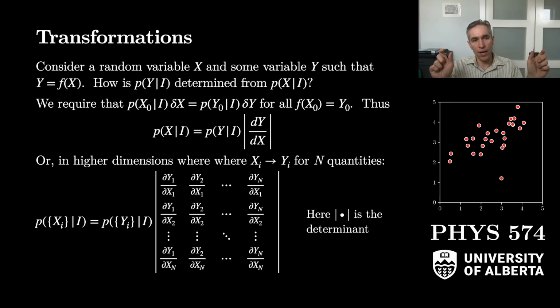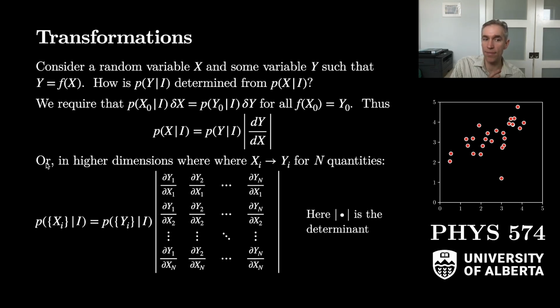And so if we equate those two and do the standard abuse of differential forms that physicists like to do, divide through by delta x and pass into the infinitesimal limit, we get this nice transformation, which basically says the probability of x is equal to the probability of y times dy by dx.